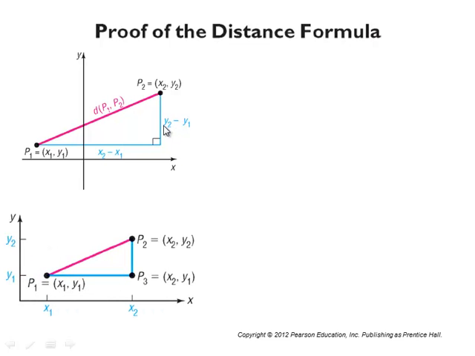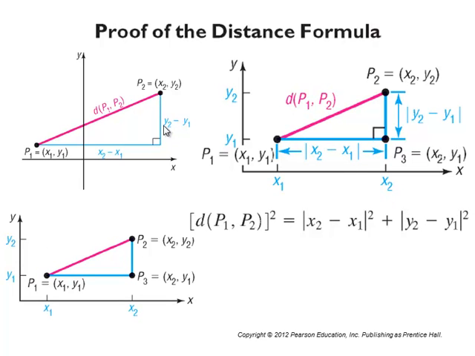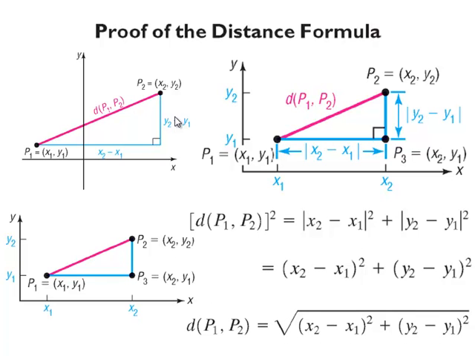And then using the Pythagorean theorem, you can just say that the distance between the 2 points is going to be the square root of the difference in the x-coordinate squared plus the difference in the y-coordinate squared, like you see here.